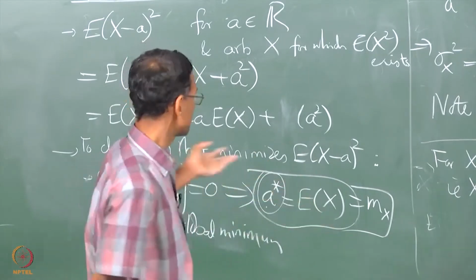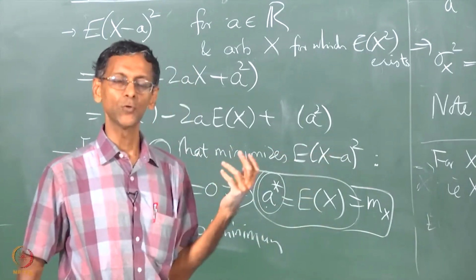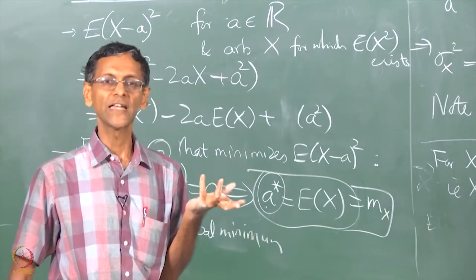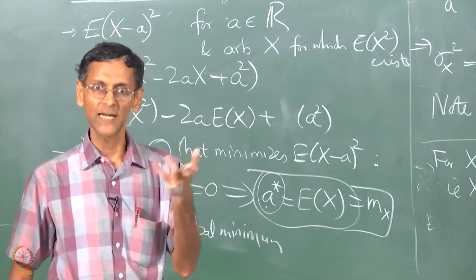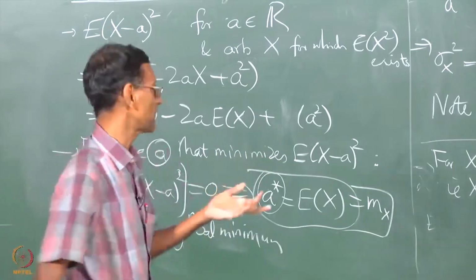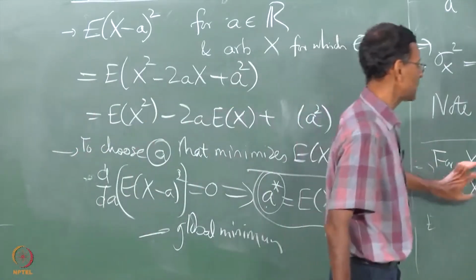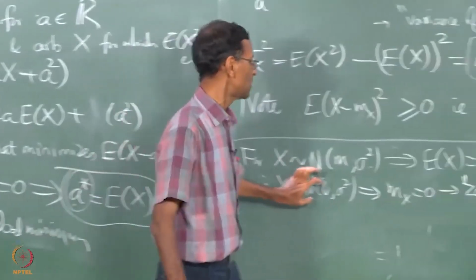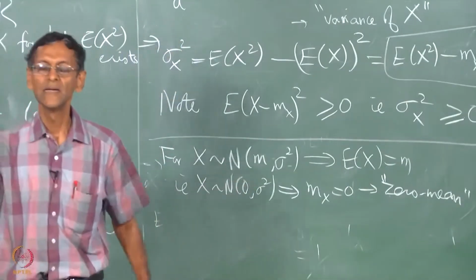In the uniform case that we talked about earlier, the mean was a plus b by 2, and I can again have mean 0 if I take b equal to minus a, and then once again it becomes symmetric about 0. So for this case it is easier now to deal with the E of X squared.